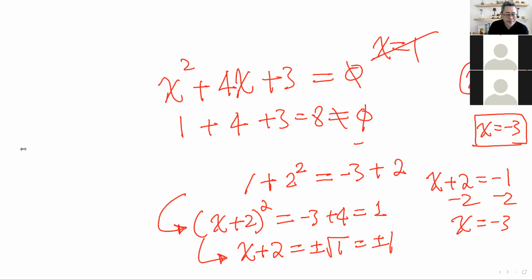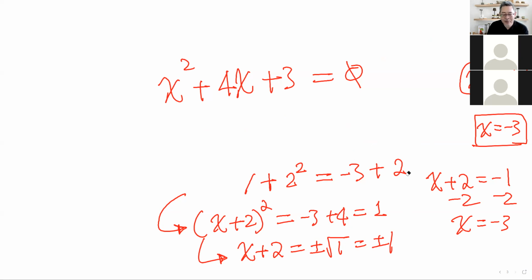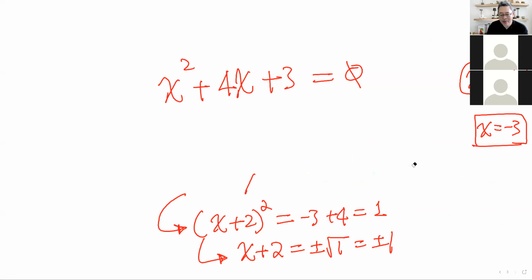Could you go over the second way you did to find the answer? Second way? Yeah, you did this whole way, you did it here, and then you went up and did it a different way. Oh, this is verification. We're verifying it. We find the solution through completing the square, and this one is just verifying it by plugging in to check if that's the case.